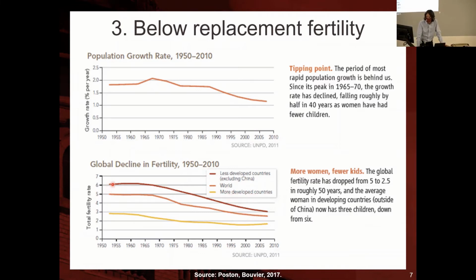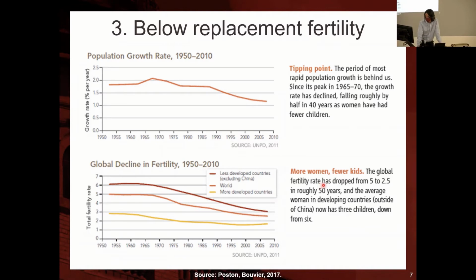But even when we exclude China here, we see that less developed countries also experienced a huge decline in fertility. On average, from 6 children per woman back in 1955 to around 3 children per woman somewhere between 2005 and 2010, right?